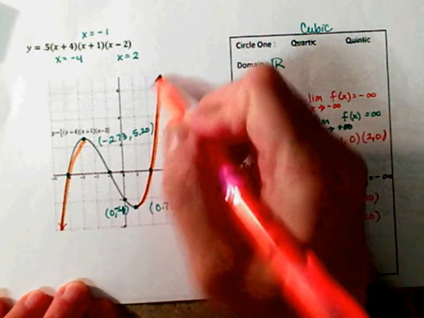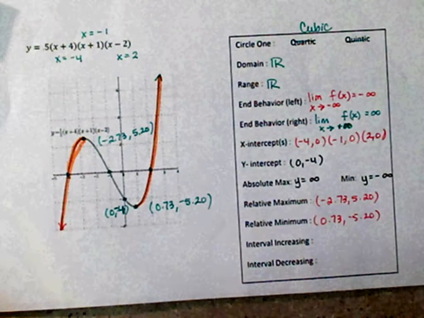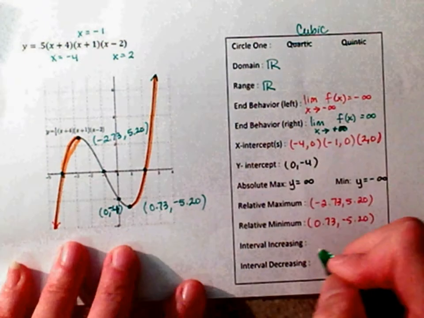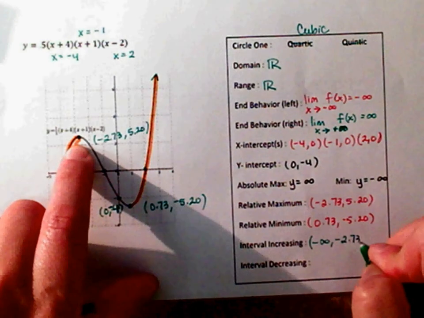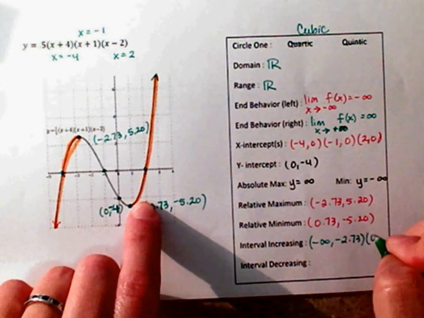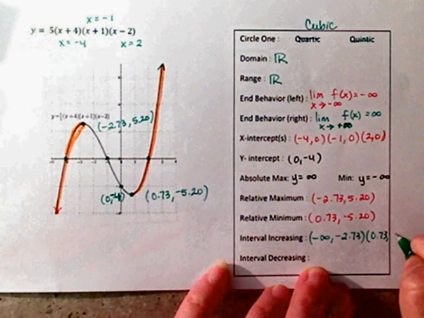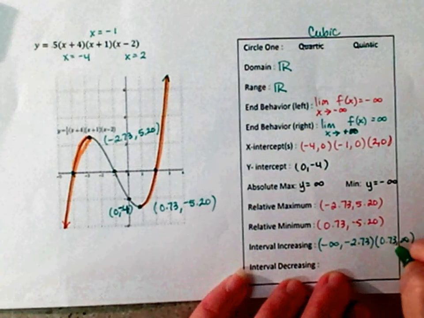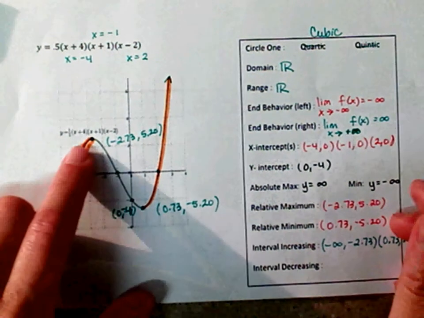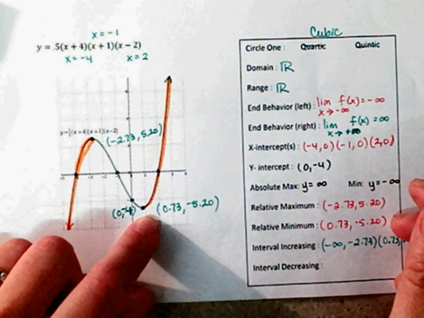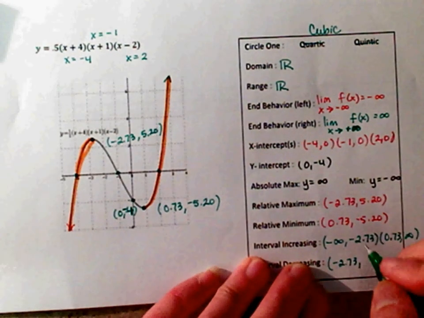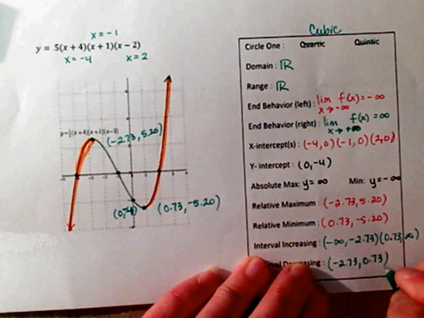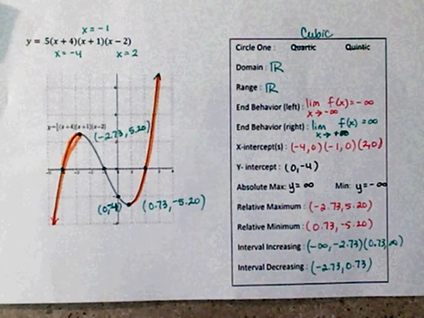Okay. So you're increasing from negative infinity, stopping at negative 2.73. You're seeing increase from 0.73 going all the way to infinity. All right, decreasing. There's your decreasing. I'm decreasing from negative 2.73, stopping at 0.73. And there you have your characteristics for that graph. Okay? Good luck.